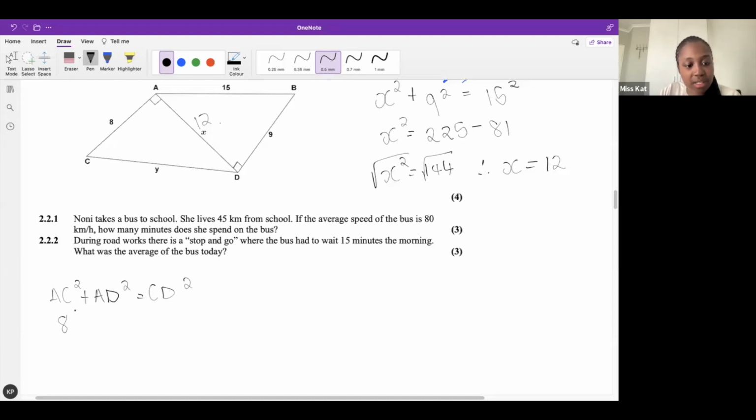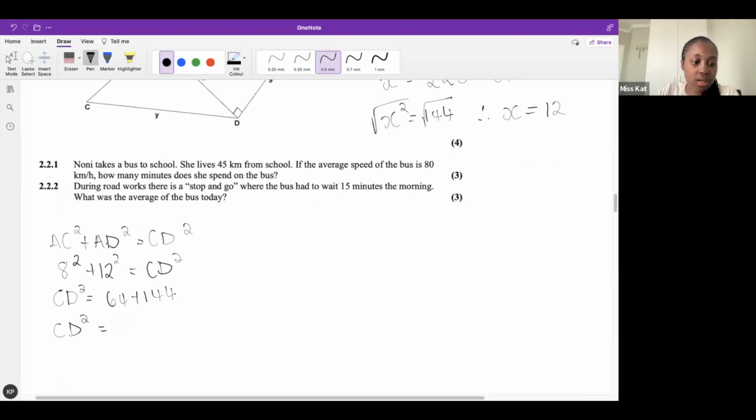AC, we've been given is 8 squared plus 12 squared that we just figured out will give you CD squared. So CD squared is 64 plus 144. I'm hoping we've already figured these out. Equals 208, I believe. Square root both sides.